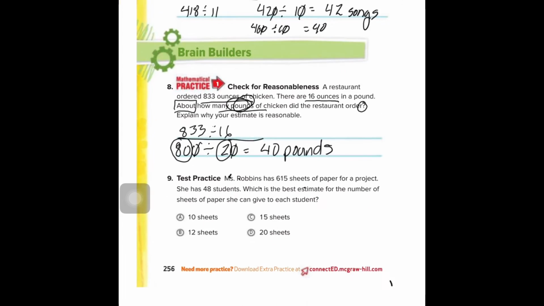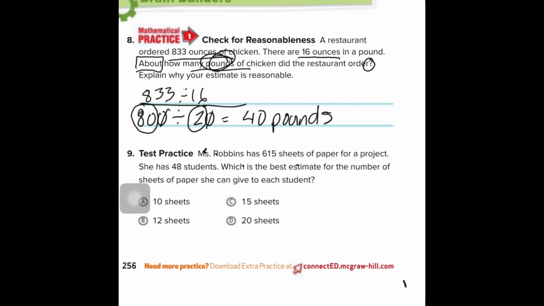Sneaky brain builder. Okay, number 9, excuse me. Miss Robbins has 615 sheets of paper for a project. She has 48 students. What is the best estimate for the number of sheets of paper she can give to a student? So here is the original question. Now we can estimate.